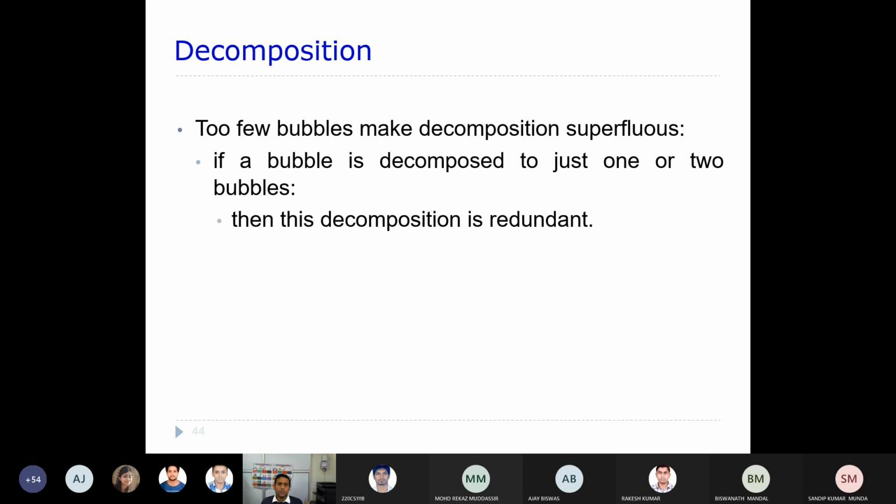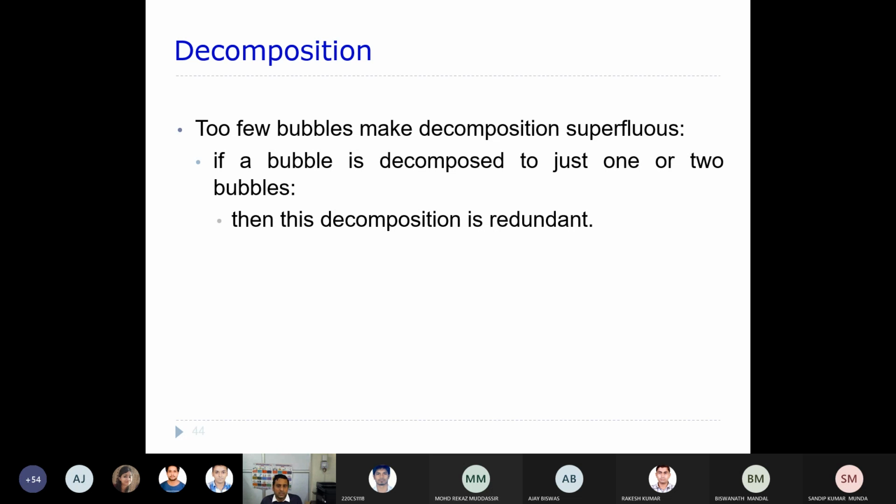Too few bubbles make decomposition superfluous. If you have 1 or 2 bubbles, usually it means you are actually not dividing anything, so the decomposition is maybe redundant. Many of the processings will have intersections, that means common activities between the divided processings.